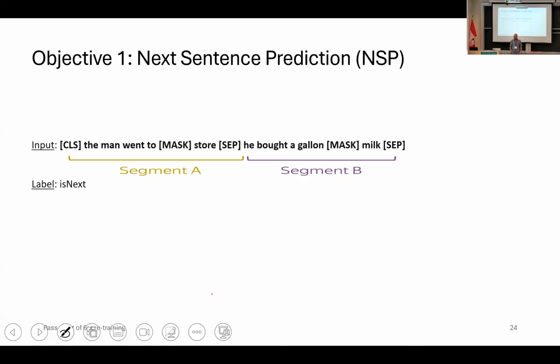And then later, the embedding, the vector corresponding to it will be used for the classification task, just how we did it in Python earlier. And then SEP is just a separator. It just means the period at the end of a sentence. Instead of using a period, they use SEP, and that's what it means. It just separates the two sentences. So it represents the end of a sentence.